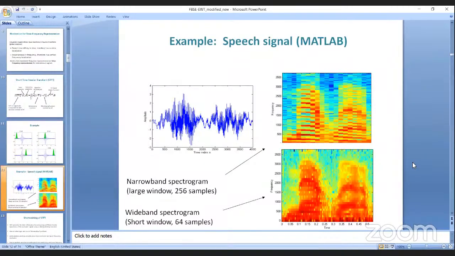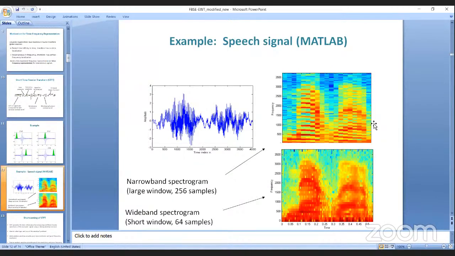Here you can see the resolution, the concentration, the focus, is proportional to 1 upon spread. It is inversely proportional to spread. When you have a narrowband spectrogram, corresponding to that you will have good resolution in the frequency domain. So the first one, the upper narrowband spectrogram, gives you very good frequency resolution.